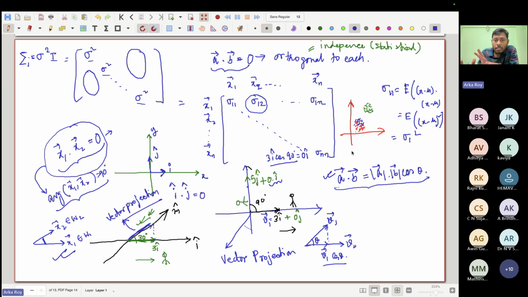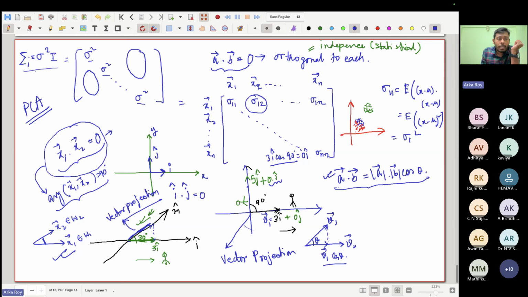This is what statistical independence means. In the subsequent lectures, there will be a lecture series on principal component analysis, PCA. There you'll see that you employ this concept. You have some feature dependency or correlation, and through some mathematical formulation, you try to extract those features which are uncorrelated with each other.